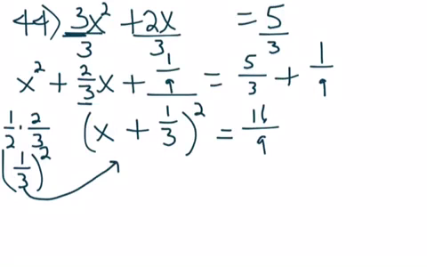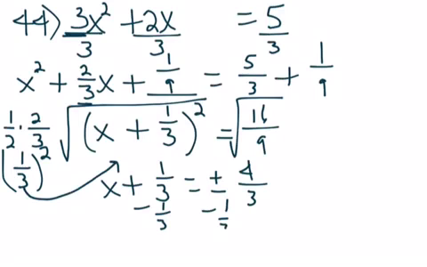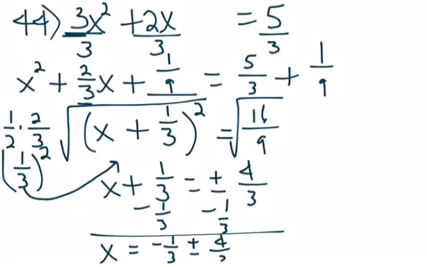Then we're ready to do the square root. The square root of something squared is just the something. We wrote the square root, so we have to do plus or minus. Square root of 16 is 4. Square root of 9 is 3. Subtract 1/3 from both sides. So we have x equals negative 1/3 plus or minus 4/3.